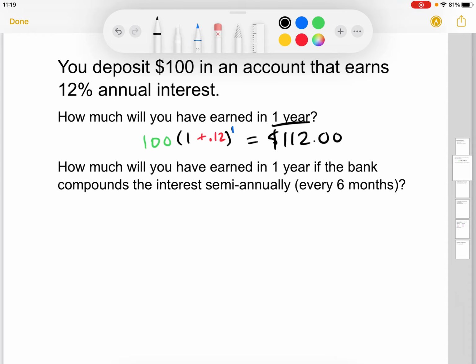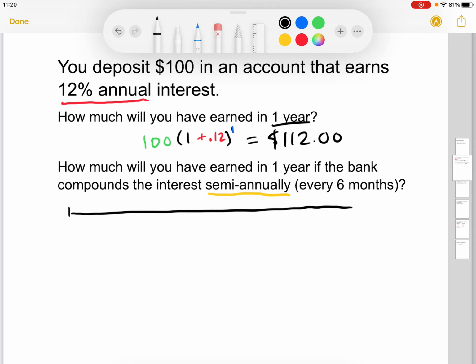So essentially what compounding does is it takes your same 12% annual interest rate and applies it evenly across each of the periods that it's applying to. In this case, we are going semi-annually for 1 year.